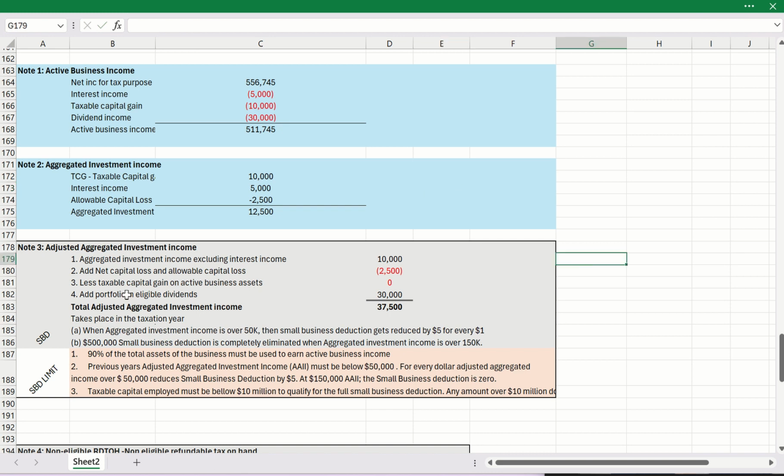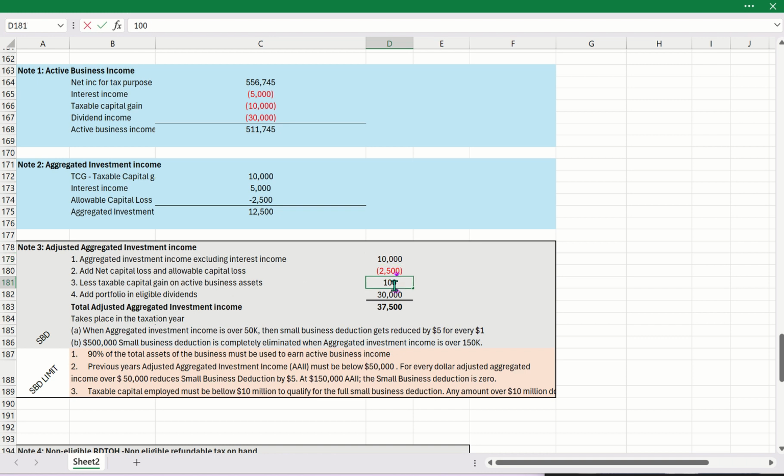Now the adjusted aggregated investment income only includes the taxable capital gain. Let's put this over here so you can understand it better. Okay. So this is basically the taxable capital gain.